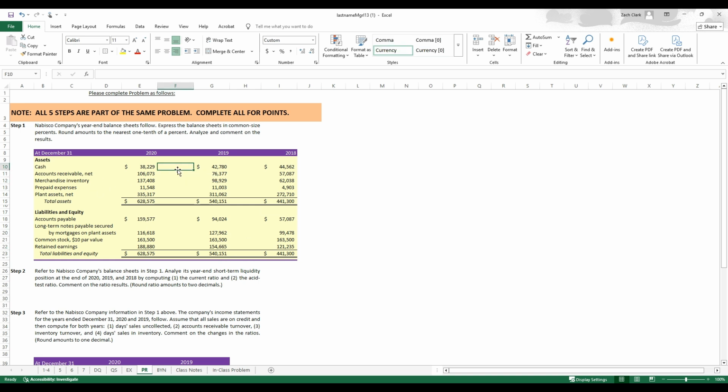Okay, so if we want to do our common size balance sheet, we're going to want to use our total assets, and we're just doing the balance sheet, so we don't have to think about the sales as a base.